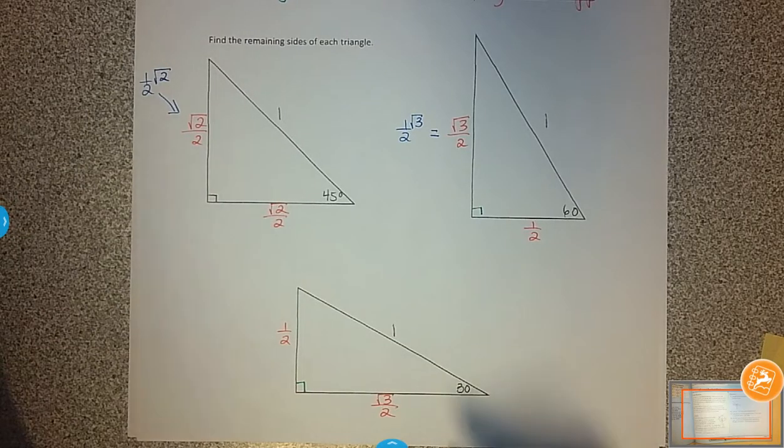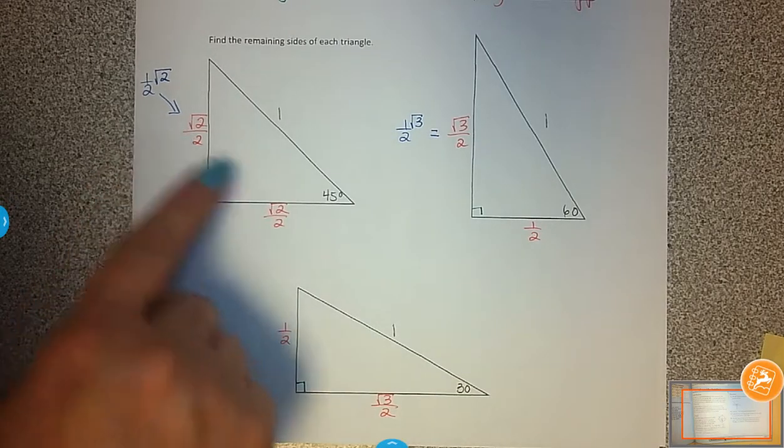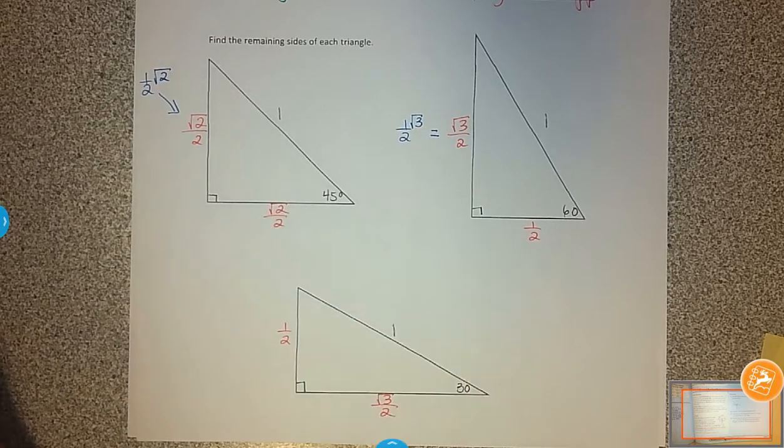So now, these triangles all have 1 as the hypotenuse. Every time you see these triangles for the next week, week and a half, the hypotenuse will be 1. So these numbers you're seeing here, you're going to be using over and over and over again.